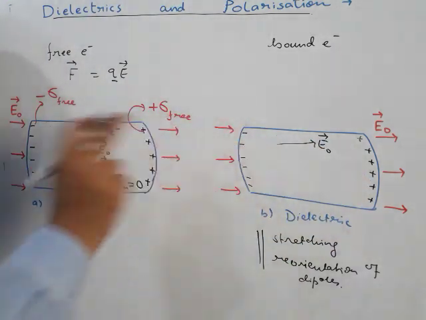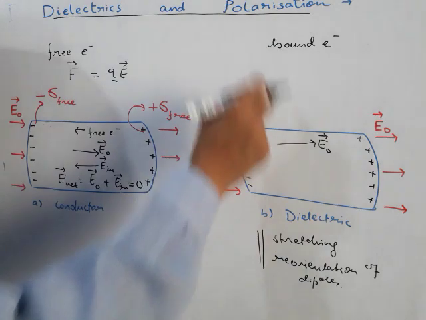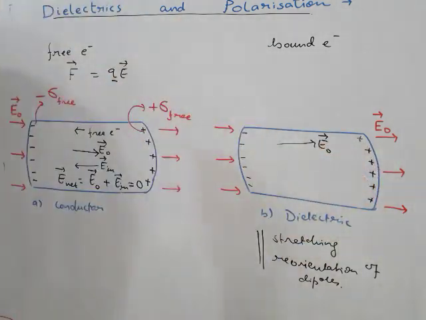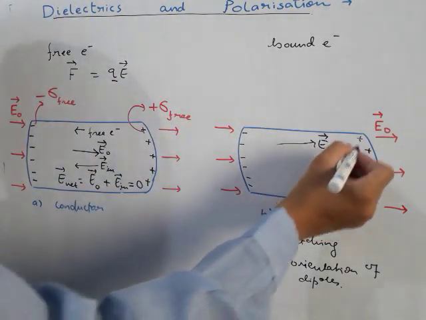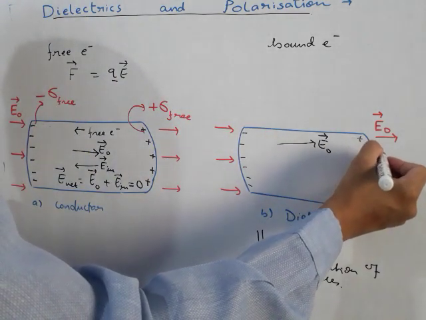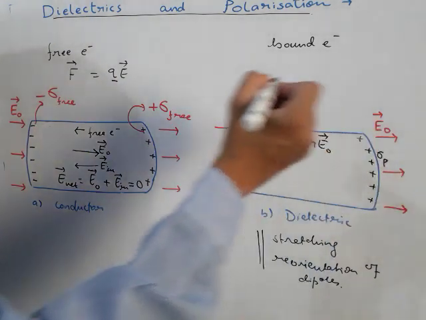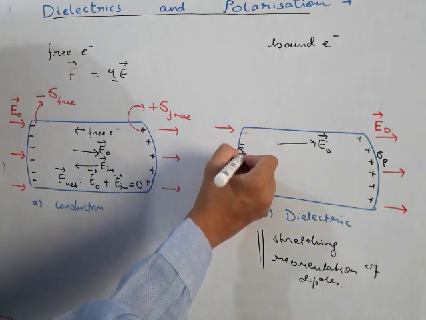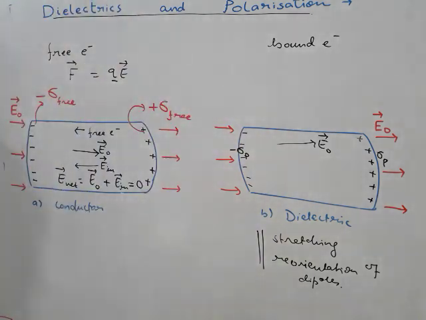The second difference between conductors and dielectrics is that these positive and negative charges are due to bound charges. So we call them as sigma b. In some textbooks they also write as sigma p, and this they write as minus sigma p, where p stands for polarization.